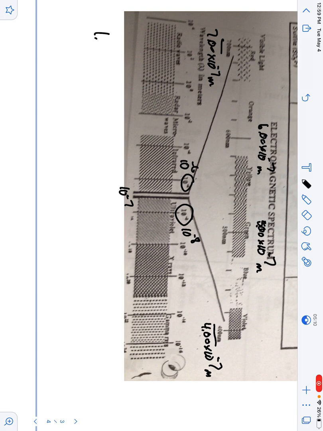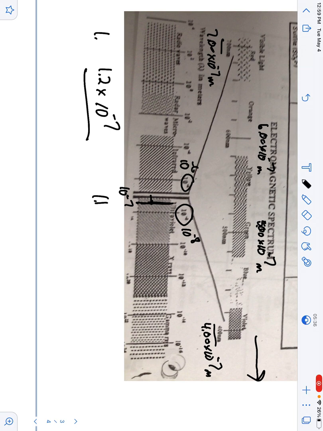So the answer from number 1 was 1.2 times 10 to the negative 7th. Here's 10 to the negative 7th, here's 4 times 10 to the negative 7th. So that means this value must be further along the scale. In other words, it must be somewhere right about here.